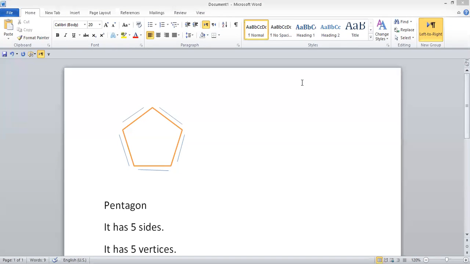First you have to be clear that pentagon has 5 sides and 5 corners. Pentagon have 5 sides and 5 corners. Okay. If you see pentagon, if you count its corners, so there will be 5.